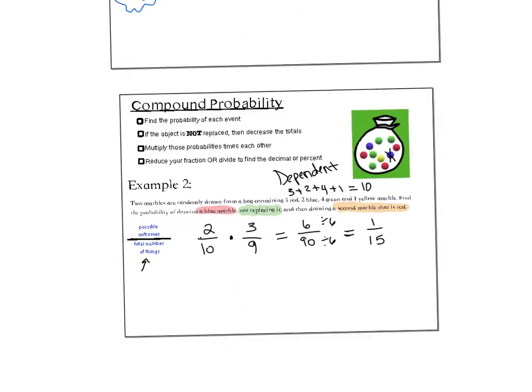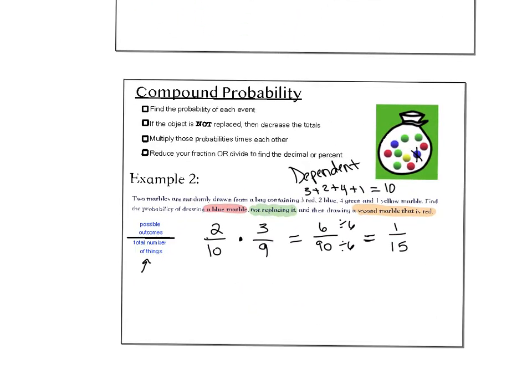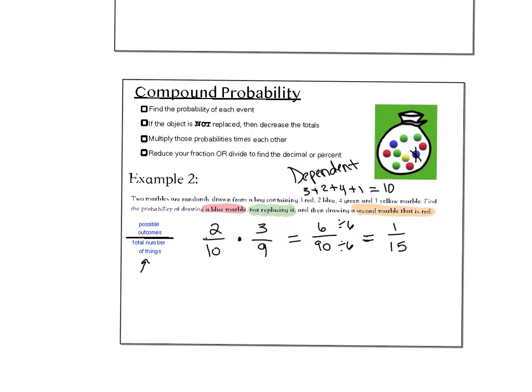But then in our second example, with our bag of marbles, it's dependent because if we're not replacing, right, if we're not going to replace that marble after we pull it from the bag, then it's dependent.